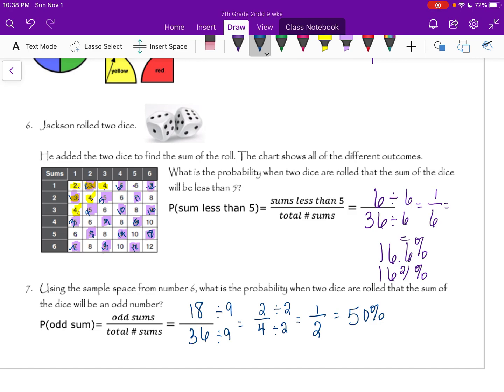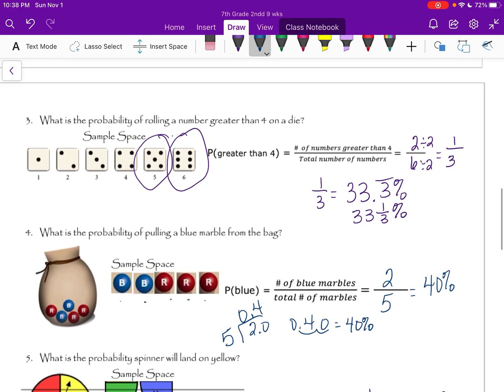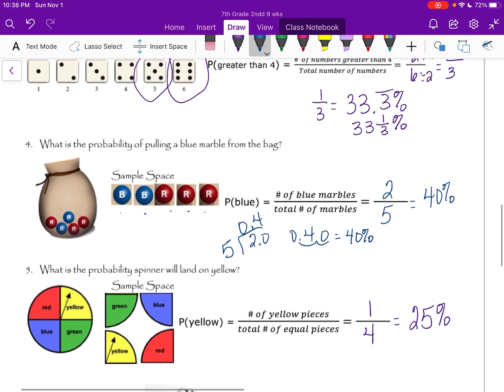All right, so we just use sample spaces to find simple probabilities. So simple probabilities are just when one thing happens. We probably didn't need to actually write this out and put the 2 blues and the 3 reds, right? We could have just looked at it here and figured out the number of blues over the total number of marbles. Same thing with this, right? I mean, we can see them. Do we really need to separate them out, right?